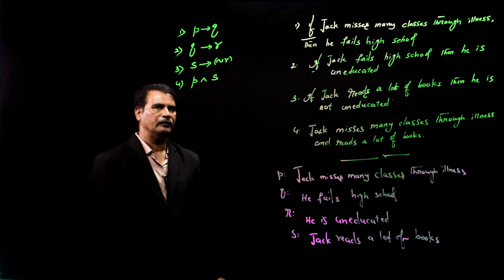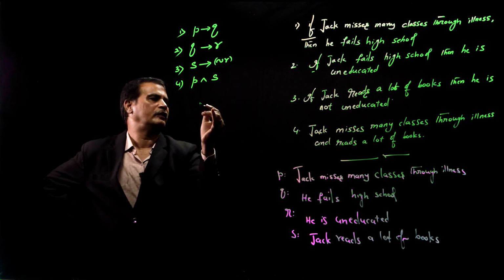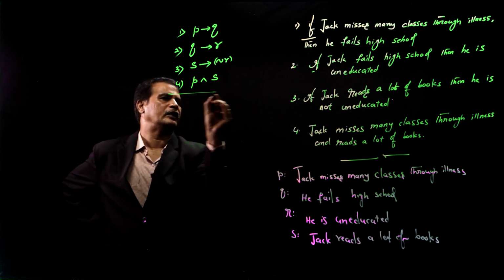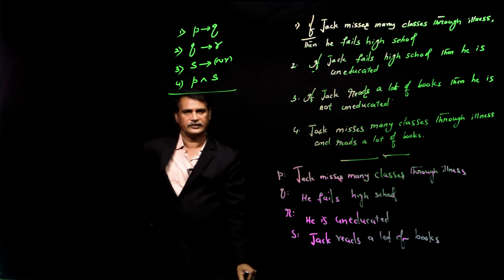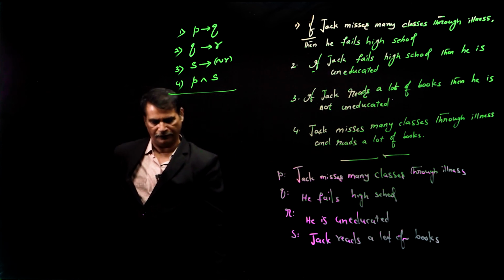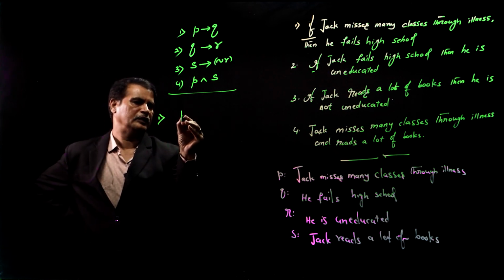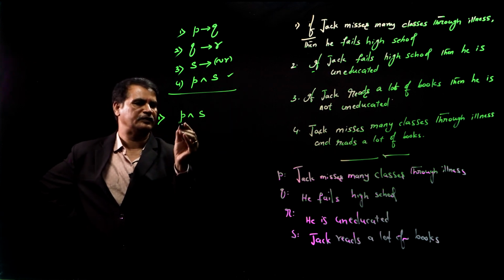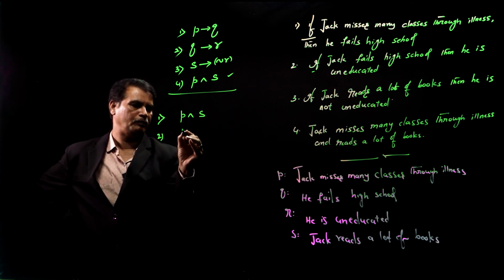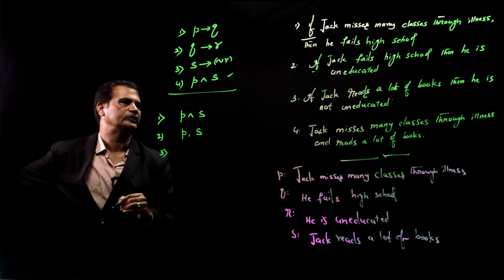This is the data. Now, by using these premises, you have to verify whether it is valid or not. Valid means consistency. How is it possible? Take the fourth statement. I consider P and S. From this, what am I getting? P true, S true.